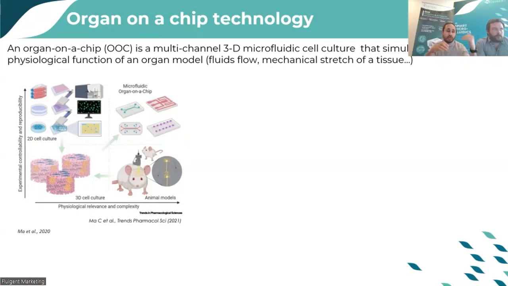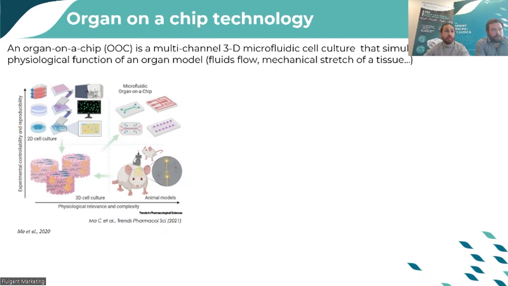Also mechanical stretch for certain organs, for example the heart and the lung, is possible. And the idea is to reproduce all of this behavior and 3D function inside the small microfluidic chip where we have the cells in culture.